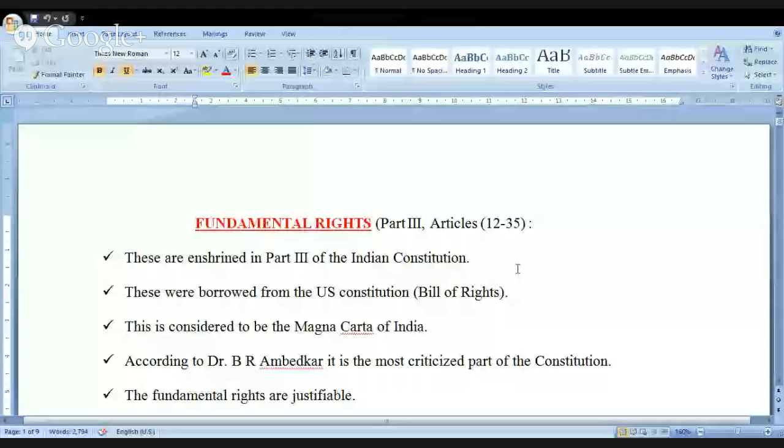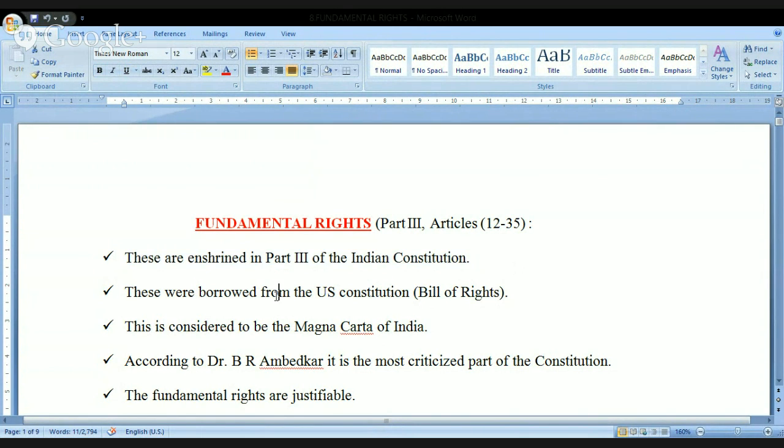Look at this. Fundamental rights. These are mentioned in Part 3 and Articles 12 to 35. Kindly remember this range. These are mentioned in Part 3 of the Indian Constitution.